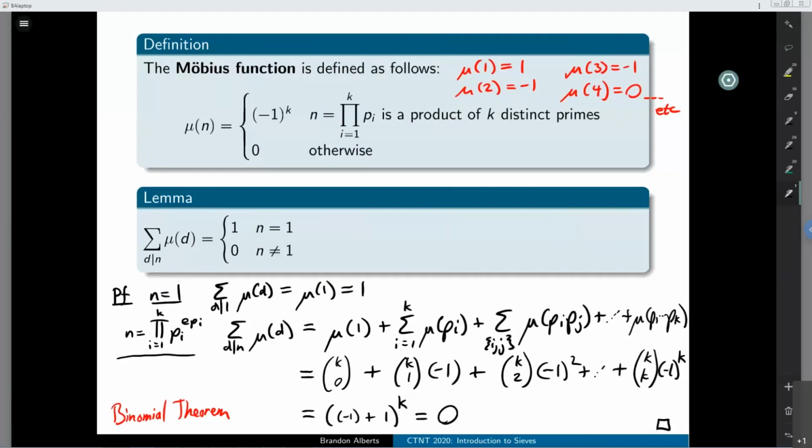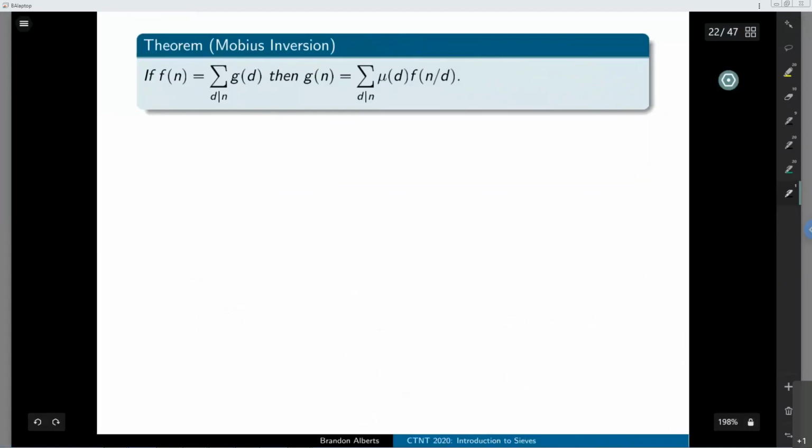That's kind of neat. Maybe that by itself isn't necessarily convincing to you that the Mobius function is an interesting function if you haven't seen it before. And so that's why I'm going to show you this theorem. Mobius inversion is kind of the big reason why we care about the Mobius function so much.